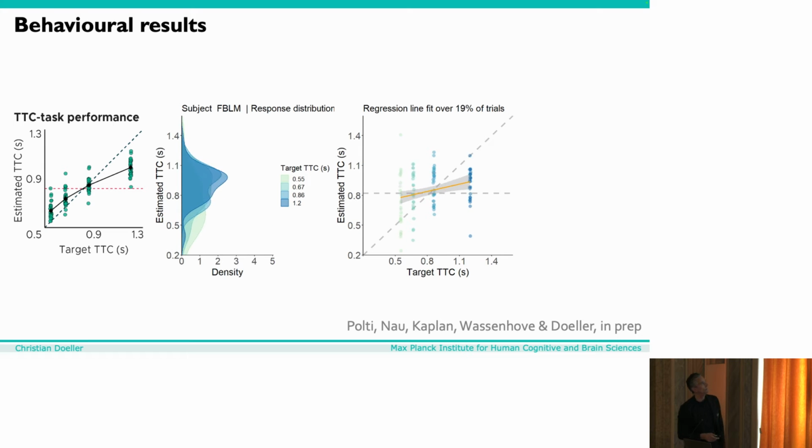And I have here some plots from example participants where you see how that develops over time. So people over time adjust their performance reflecting this grand mean of the TTC distribution.